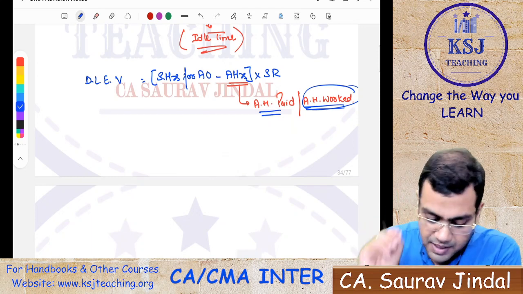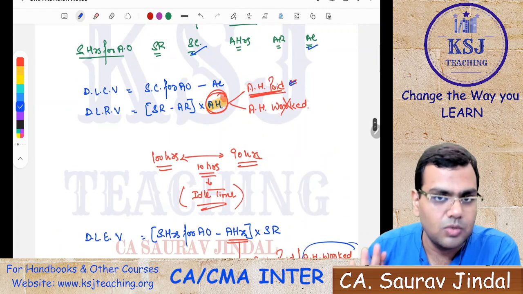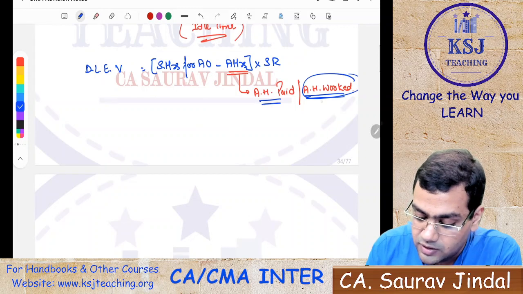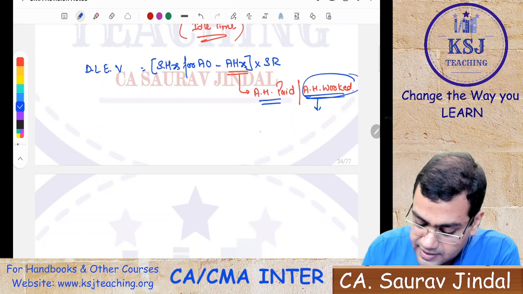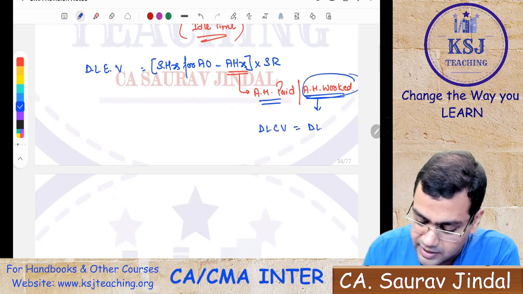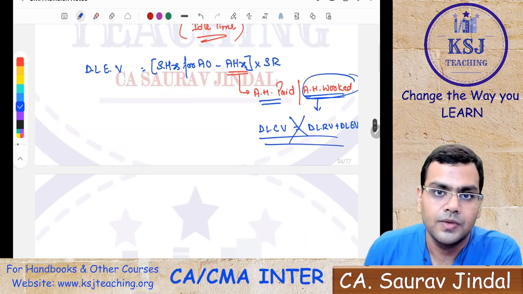But remember one thing, if you are taking the actual hours paid here, that is absolutely fine. But in case of efficiency variance, if you are going to take actual hours worked, then your direct labor cost variance equal to direct labor rate variance plus direct labor efficiency variance will not hold true, right?